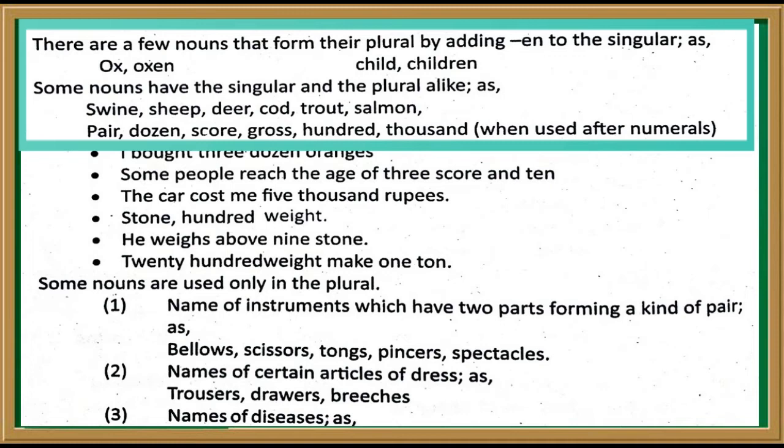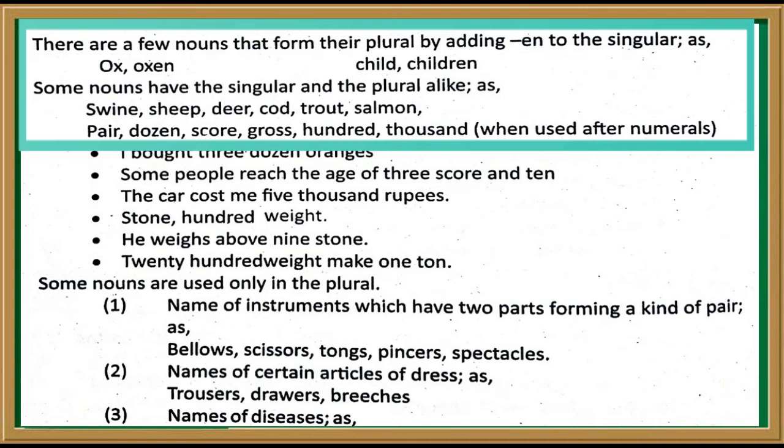Some nouns have the singular and the plural alike. You need to keep one thing in mind, that we have some nouns where the plural and singular forms are the same. For example, swine, sheep, deer, cod, trout, etc. Pair, dozen, score, gross, hundred, thousand. These are words we can make plural.